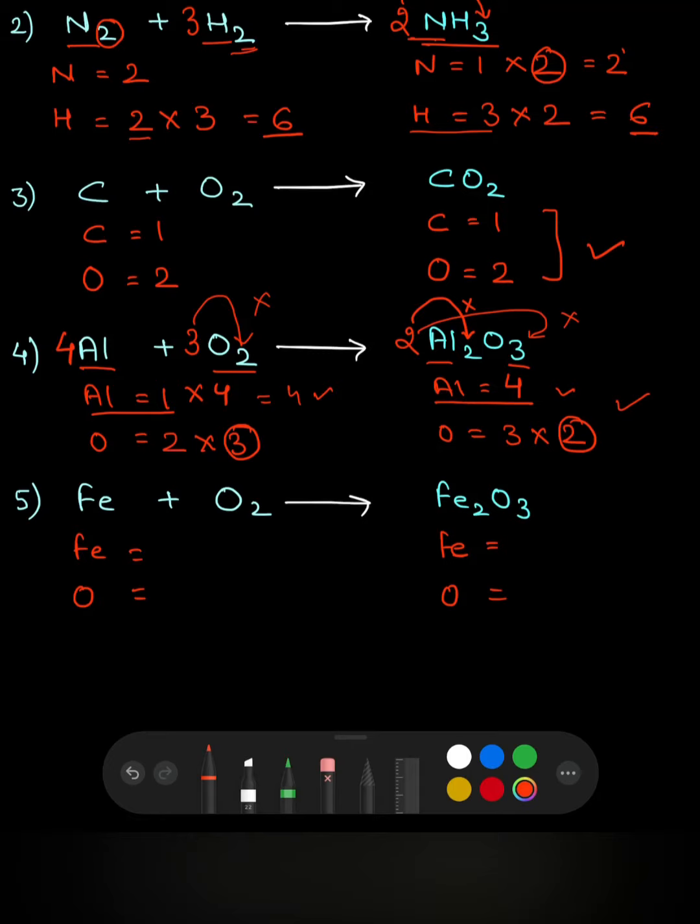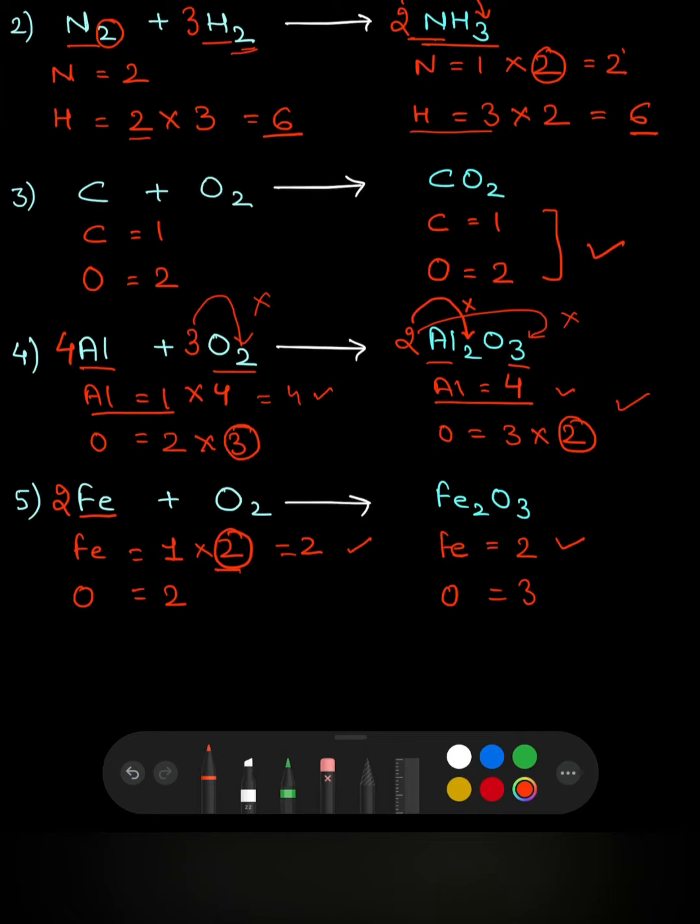Now on the left side we have only 1 atom of iron and 2 atoms of oxygen, whereas on the right side we have 2 atoms of iron and 3 atoms of oxygen. If we multiply 1 by 2 on the left side, we will have an equal number of iron atoms. So 2 will be written as a coefficient in front of iron.